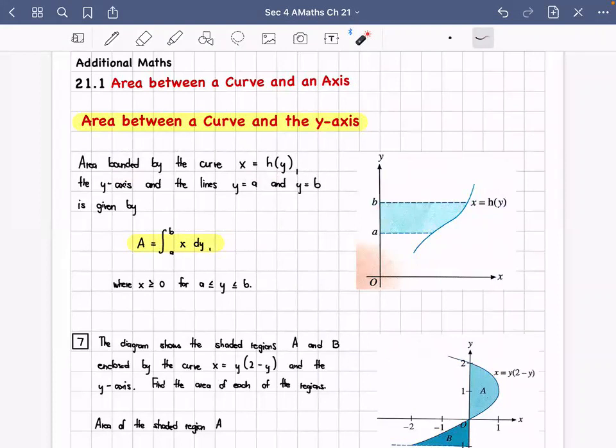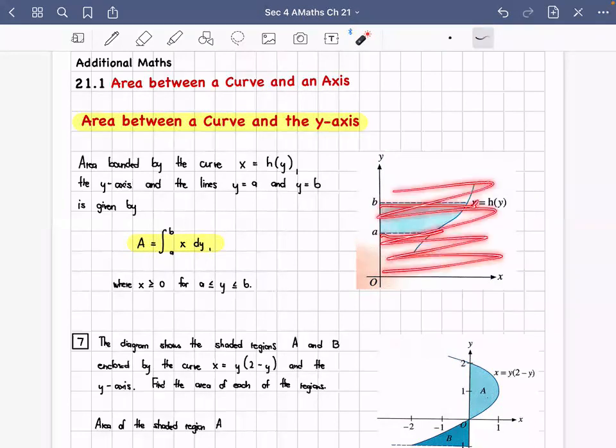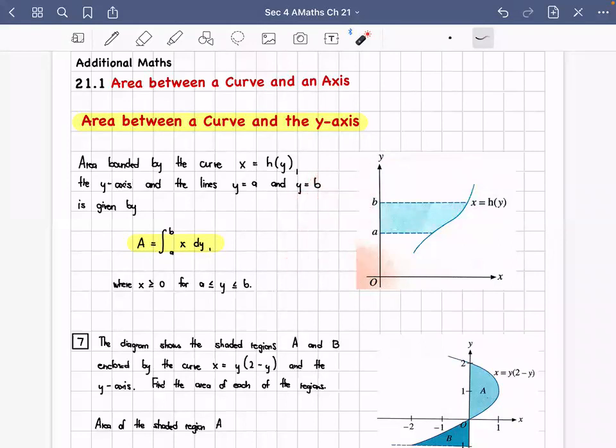Okay, so to get the area of this, you just need to get the antiderivative of x from b to a, and then that's it. And take note that the x values here are all positive. So obviously, if the shaded area is on the left side of the y-axis, that's a negative function.